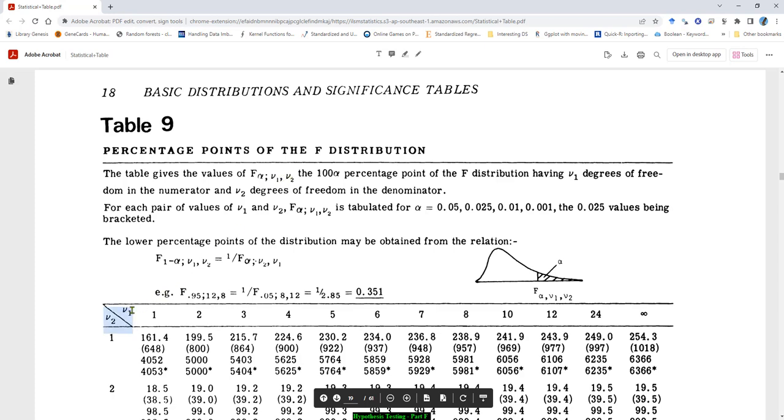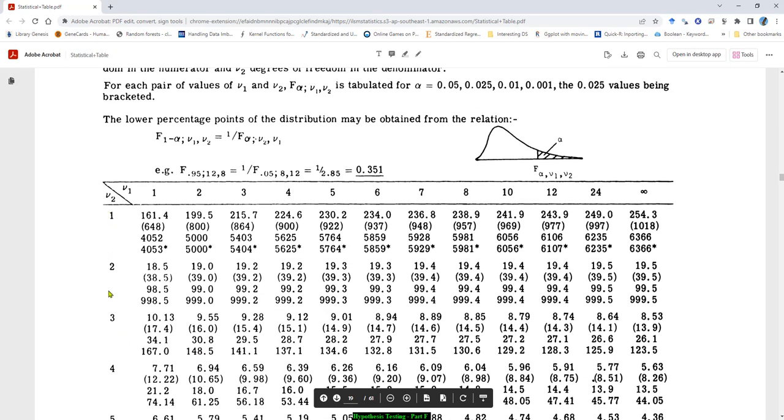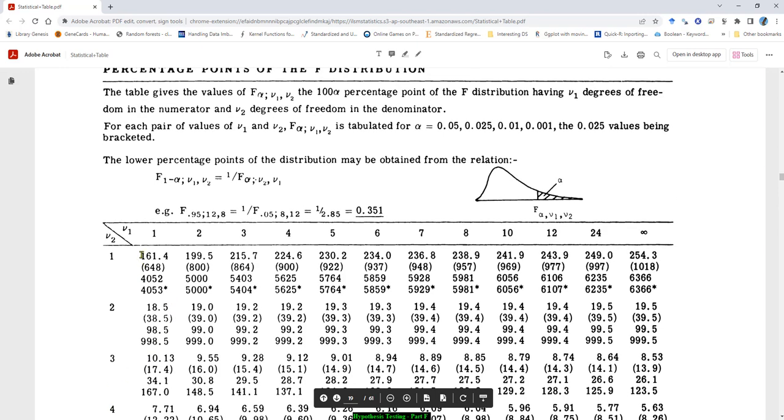So V1 is the degree of freedom number 1, V2 is degree of freedom number 2. So dekat sini, kalau kita tengok the first atas ni ada represent V1, degree of freedom number 1. Yang dekat bawah ni, V2, degree of freedom number 2. So kita tengok dalam ni ada banyak value. Apa value ni semua? So kita baca dulu. So for each pair of value V1 and V2 is tabulated for alpha 0.05, 0.025, 0.01, 0.001, and dia kata dekat sini the 0.05, 0.025 value being bracket.